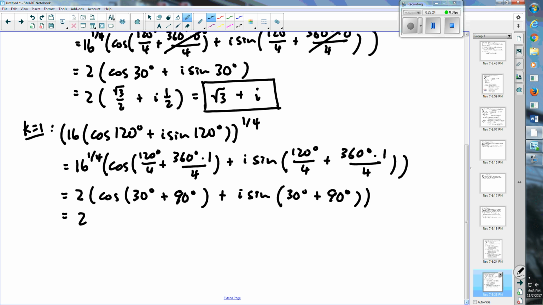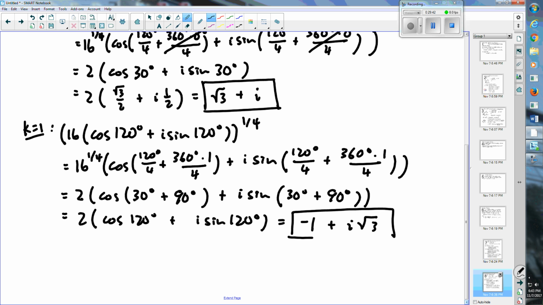Finally, we get 2 times the cosine of 120 degrees plus i sine of 120 degrees, which equals negative 1 plus i root 3. There's one of our answers.